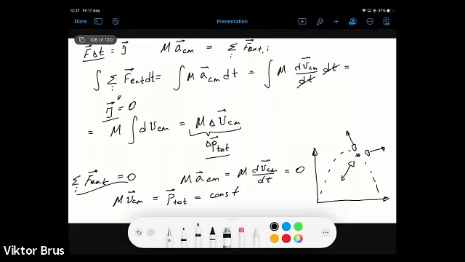The center of mass of this system of three bodies, which represents the original projectile, will continue moving along the same trajectory as the projectile would move without any explosion.